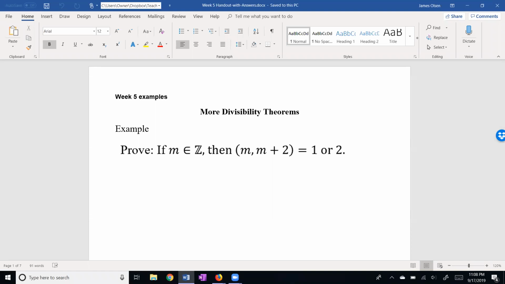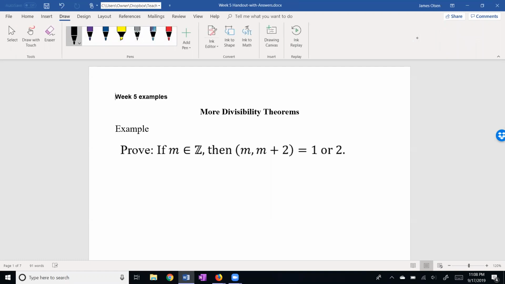Okay, let's go ahead and look at our handout. And let's prove the second one. And I think I'm actually going to prove this 2 ways. So what we want to do is find the greatest common divisor of m and m plus 2.